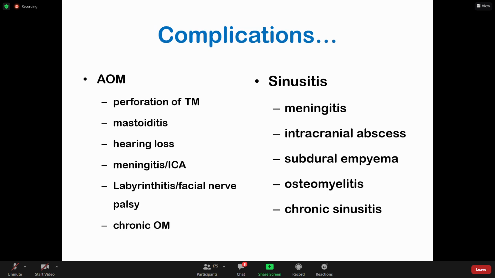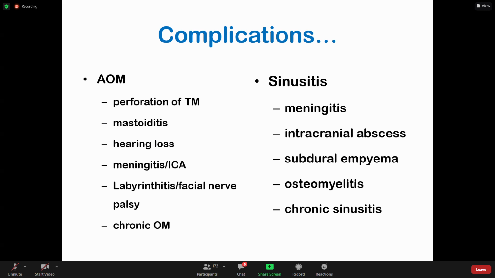Now, there are complications that could follow these conditions. With acute otitis media, it can progress onto chronic otitis media. You can have perforation of the tympanic membrane. You can have a spread to adjacent sites, so you can have mastoiditis.